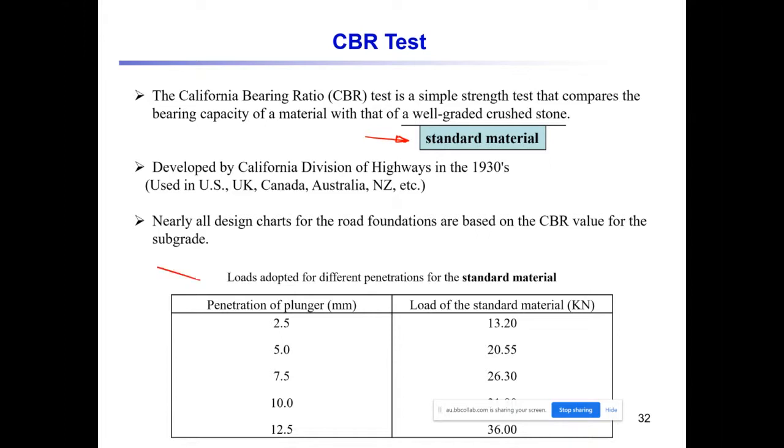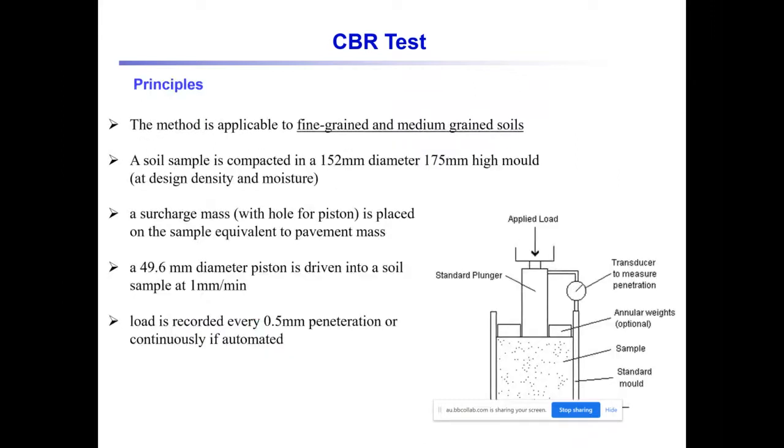This table shows you the CBR test results on this standard material. As you can see, the results are the penetration of the plunger versus the load. If you want to penetrate 2.5 millimeter in this well-graded crushed stone, you need to apply 13.2 kilonewton. And we do the same procedure for the natural soil on the field.